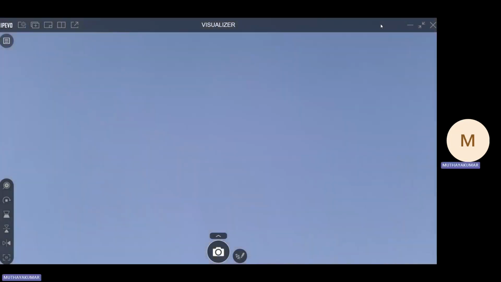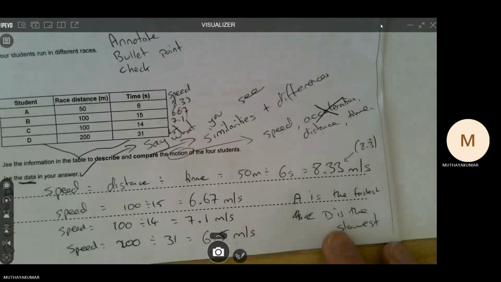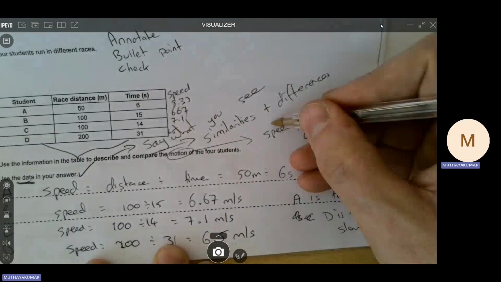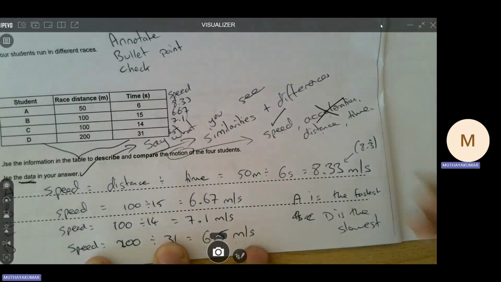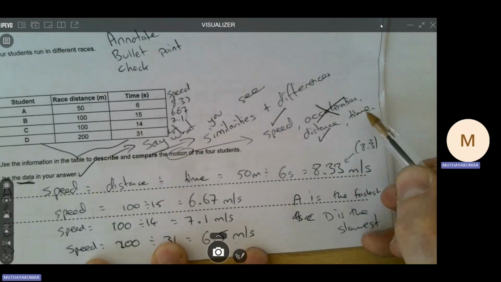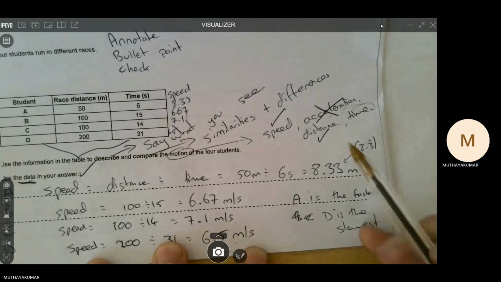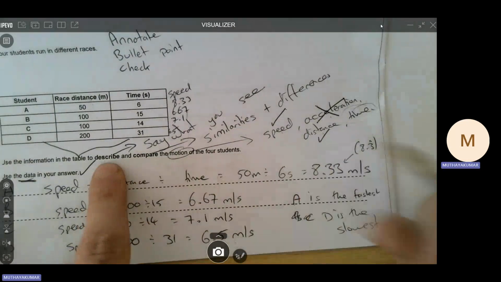So let's have a look at our question. Have we used the data? We've definitely done that. We've done some calculations. Have we talked about speed? Yes. Have we talked about distance? Well, actually we have, because we talked about the pattern. Have we talked about time? Maybe not. Maybe we can add a quick comment. Have we described what we see?